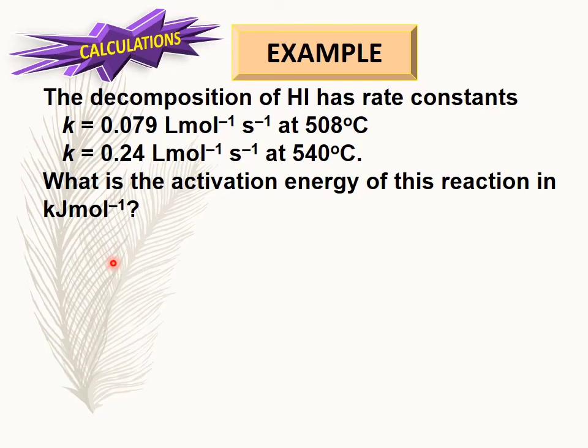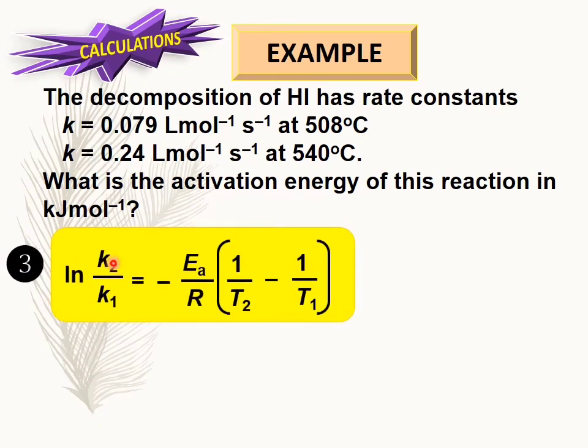Okay, so we have 2 K, 2 temperature. So which formula suitable for this question? We need to use the third formula, which is ln K2 over K1 equal to negative EA over R, 1 over T2 minus 1 over T1. Okay, so apa yang awak kena buat, kita kena identify dulu siapa K1, siapa K2, siapa T2, T1.